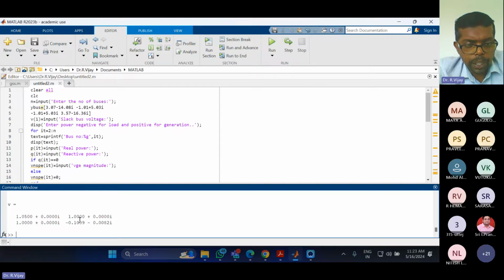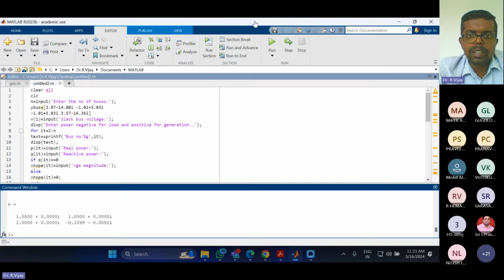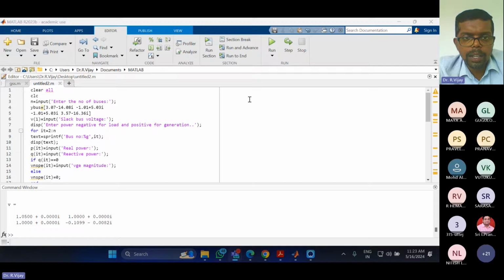What we need to understand from this problem is that there are n number of buses. I will explain. In a practical power system, there are n number of buses. I am explaining with these 2 buses.